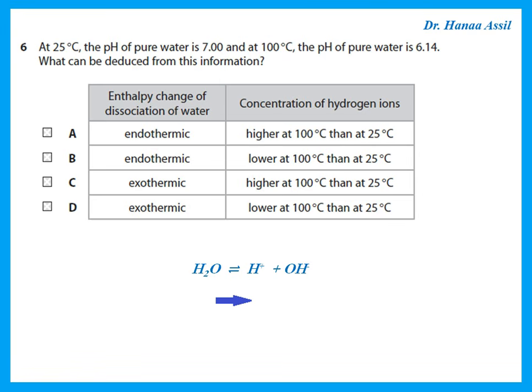As I raise the temperature, it goes forward. That means the forward is endothermic, and that means I have more H plus ions at 100 degrees Celsius than at 25. That makes it more acidic, so lower pH.